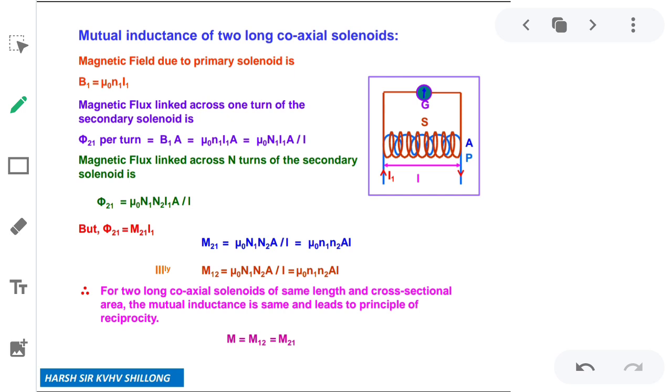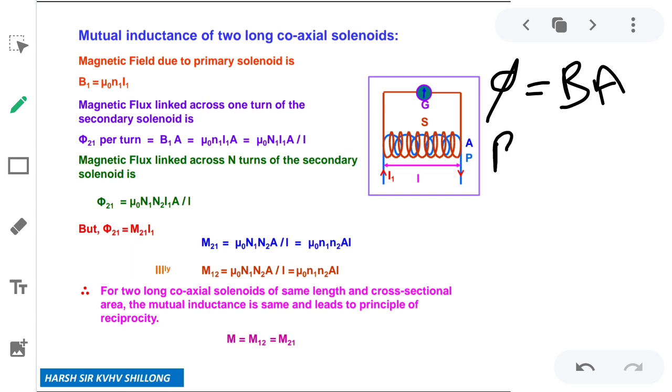Now, the derivation for mutual inductance, that is the M formula. The L formula we have already done, that is mu naught n square A l, small n square A l. Now we will do it for the mutual inductance, capital M. Remember 3 things, whether it's self or mutual. Flux formula is B A cos theta, generally theta is 0, cos 0 is 1, we assume here.